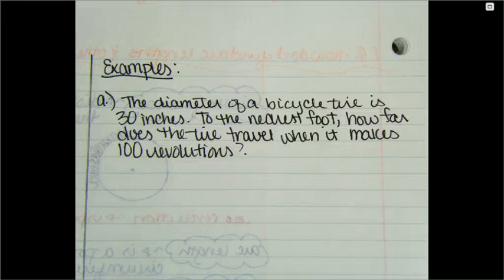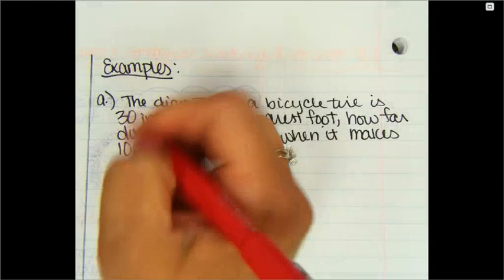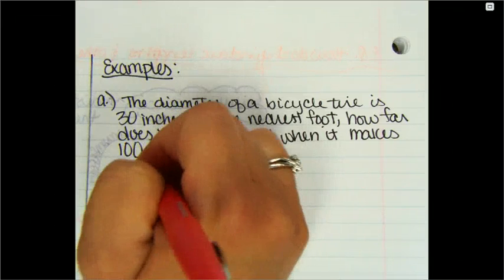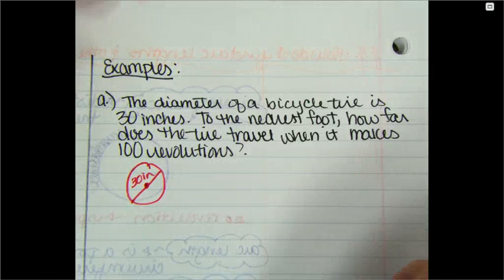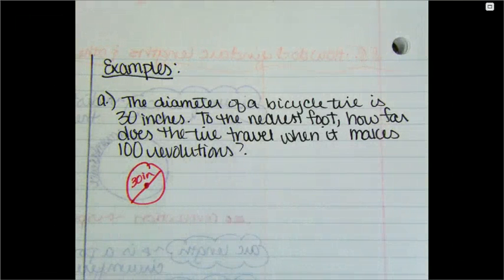Then what do you do? What's it asking? How far it goes in 100? So in other words, your tire is starting, right? I put a point on the tire and it travels 1 time, 2 times, 3 times, 100 times, yeah? Okay, so what does that mean?